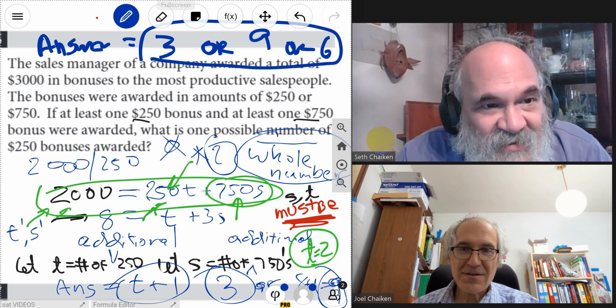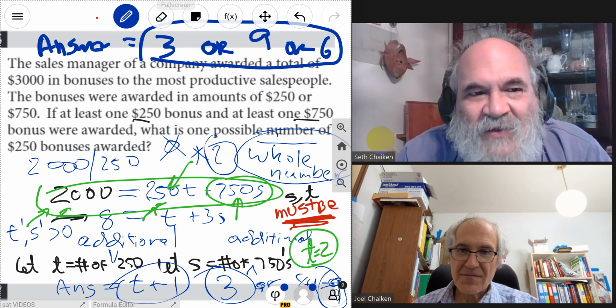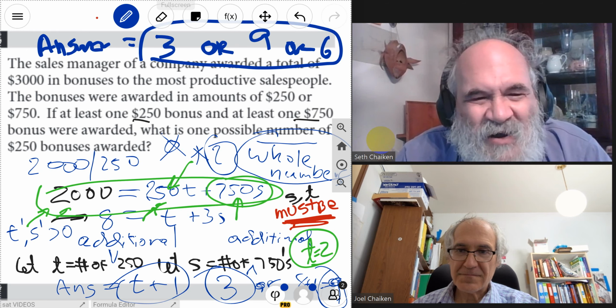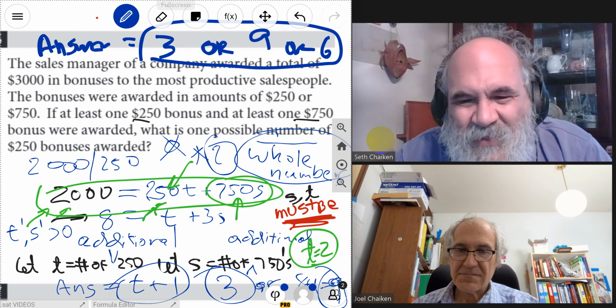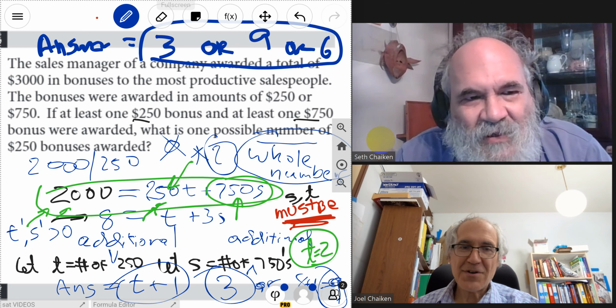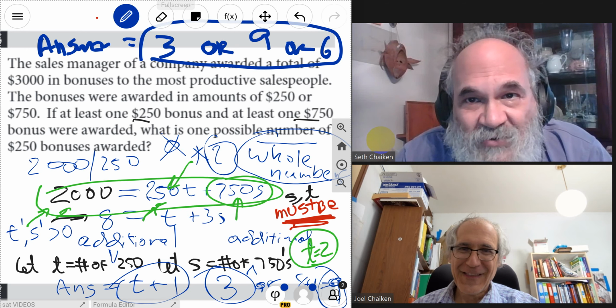We could add a condition that each of these has to be greater than 0. And then we search for the answer only among T primes and S primes that are non-zero and positive. I have no idea what you're talking about. So in other words, an alternative approach.